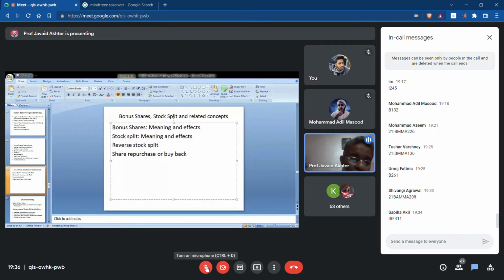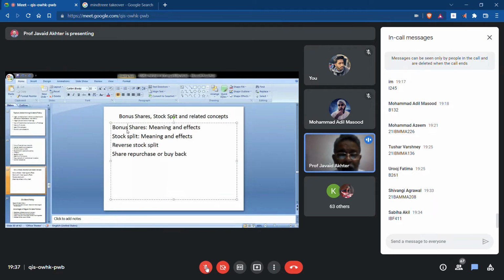If the company does so, it is known as issuing bonus shares. Your holding in the company is increasing. You got it? So if the company is unable to pay cash dividend because of several reasons, it can satisfy shareholders by issuing bonus shares.